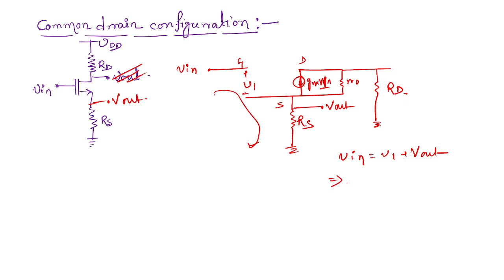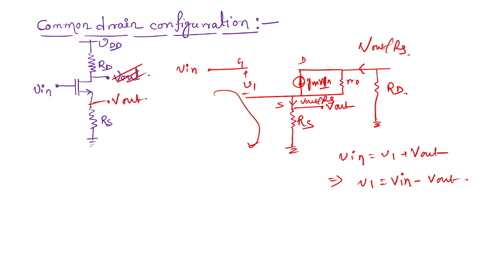So V1 is equal to V in minus V out. So the amount of current flowing through here is V out by RS. So the amount of current flowing here also will be V out by RS.